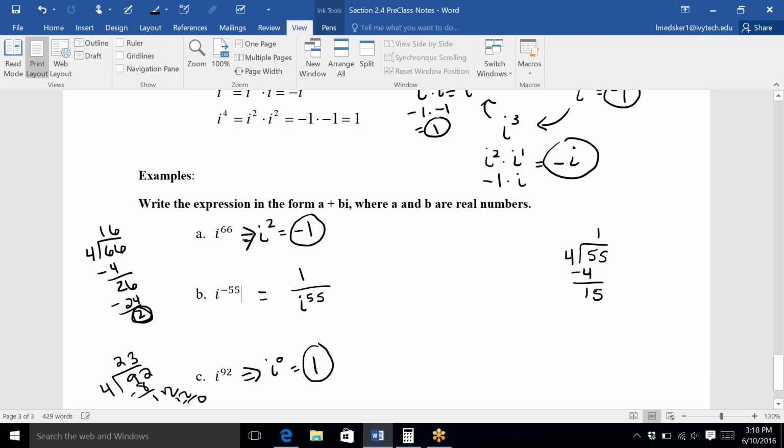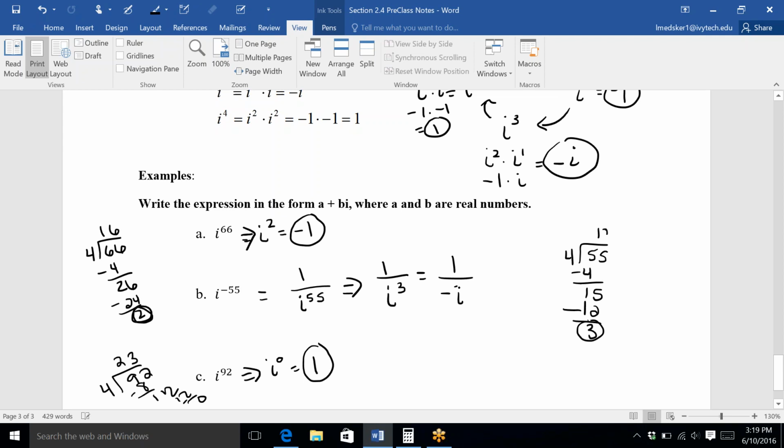Remainder is 1. Bring down the 5. 4 goes into 15 3 times. 12. Bring down and get a remainder of 3. So that means this is going to reduce to 1 over i cubed because of the remainder of 3. And i cubed, we look up our chart, is negative i.